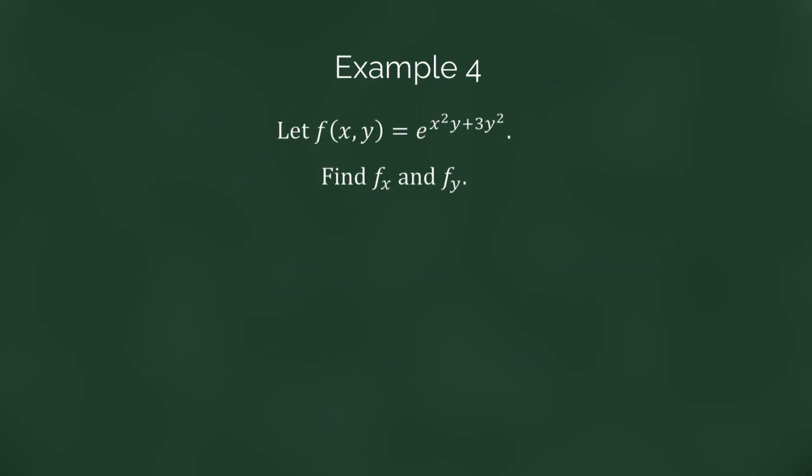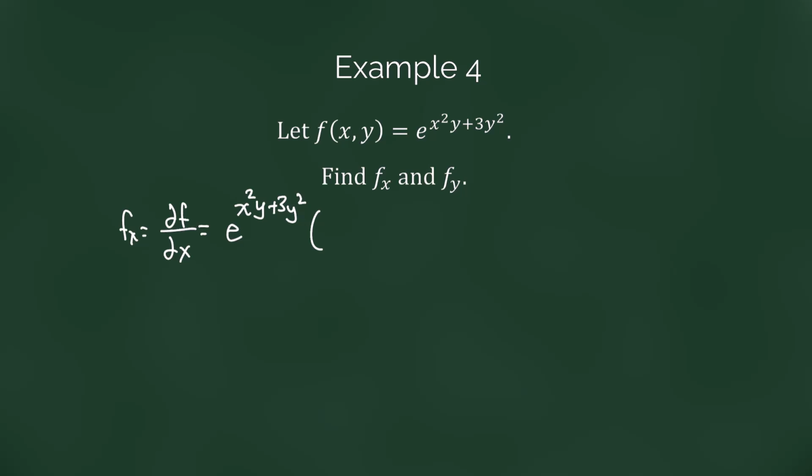All right, we'll take some partial derivatives now of an exponential function. So our partial derivative of f with respect to x, which of course we know is the same as f sub x. It's an exponential function, which means that inside of its derivative, it always repeats itself. So we're going to get the original function, and then we're going to multiply by the derivative of the exponent. We're using the chain rule here.